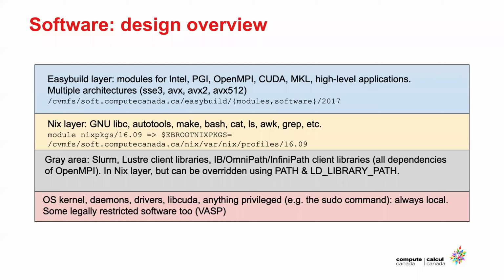And on top of that, the scientific application layer, which includes the compilers and the high-level applications like GROMACS or OpenFOAM or name it. We build for multiple different architectures. So we support SSE3 for some legacy clusters, AVX as well, AVX2 for our newer clusters, and AVX512 for the very newest cluster.